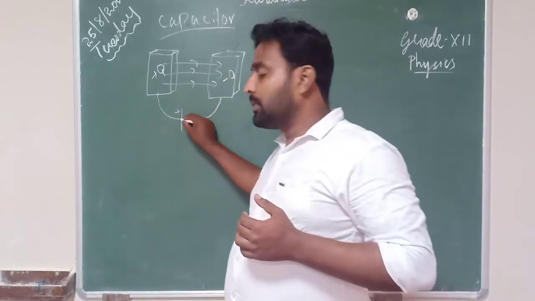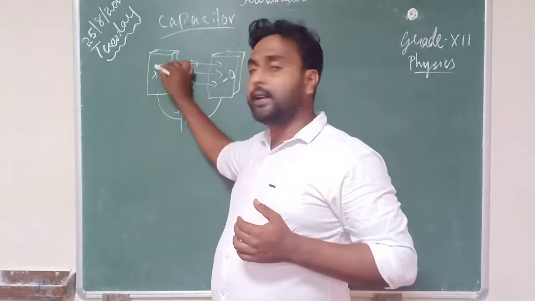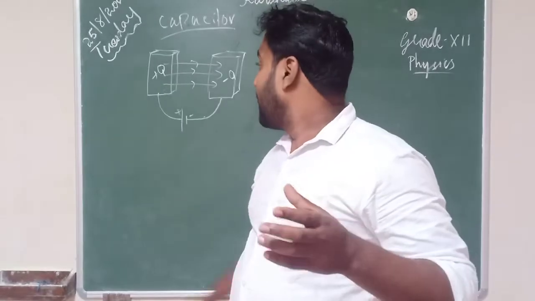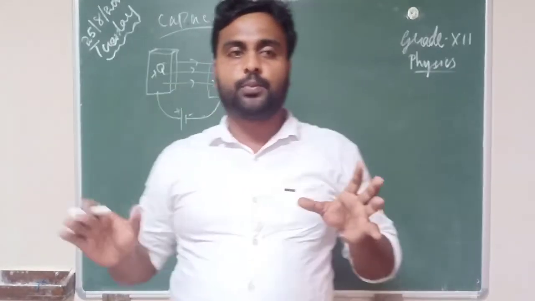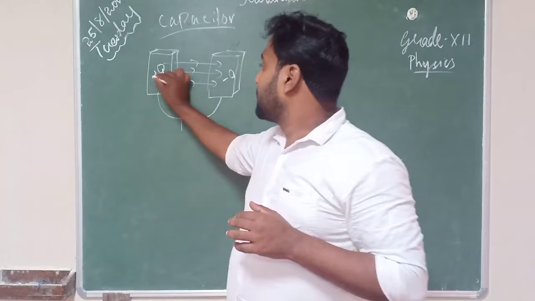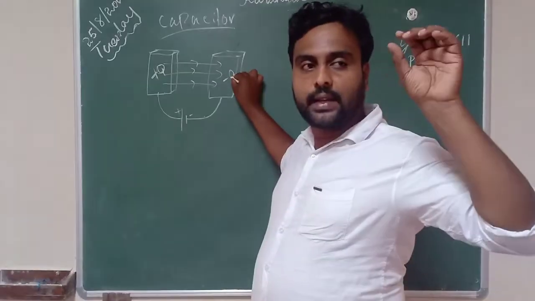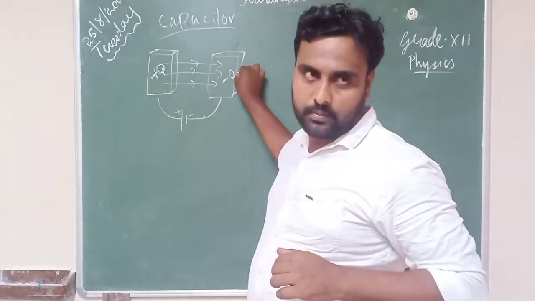The electrons from this battery terminal are transferred through this parallel plate capacitor, and one plate becomes positively charged, plus Q, and the other plate becomes negatively charged, minus Q.